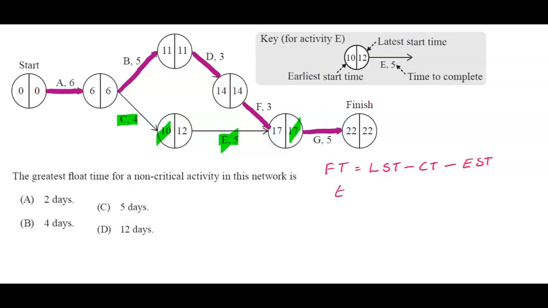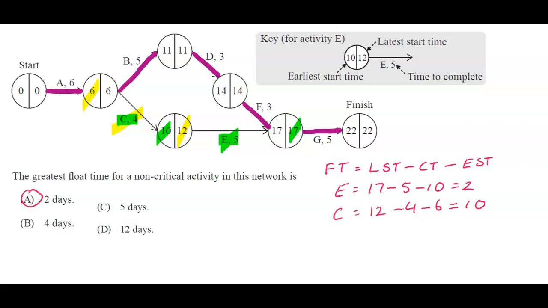So the float time for E would be 17 minus 5 minus 10, which equates to 2. And for C, we have 12, 4, and 6. So our float time for C is 12 minus 4 minus 6, which is also equal to 2. So the greatest float time for a non-critical activity in this network is A, 2 days.